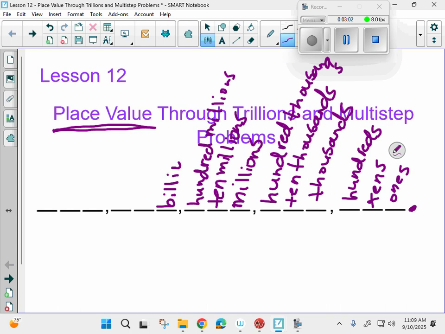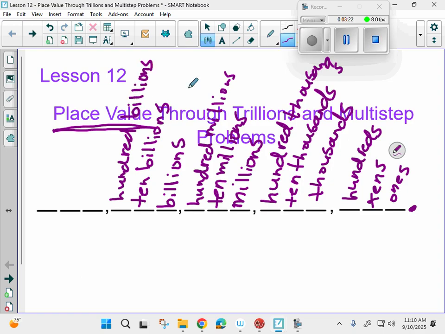And then it follows the same pattern. What's the next one going to be? 10. Yes, this is the 10 billions place. And this would be the 100 billions place. All right, you guys, so after millions and billions comes trillions.